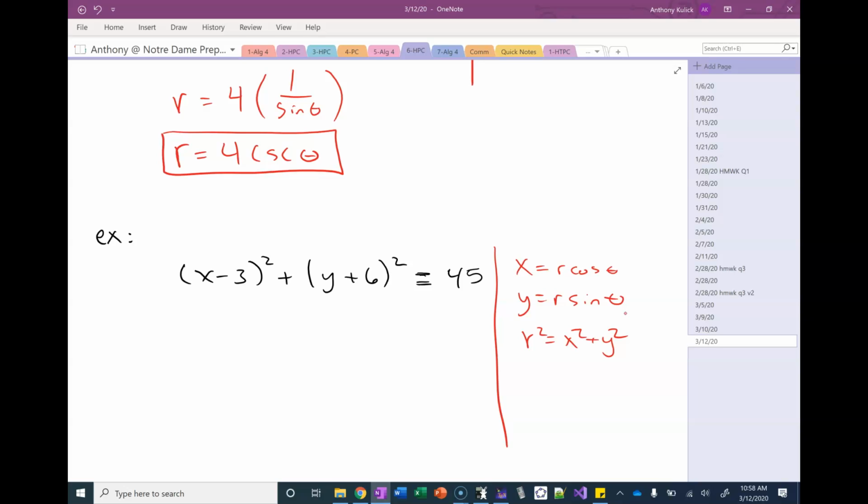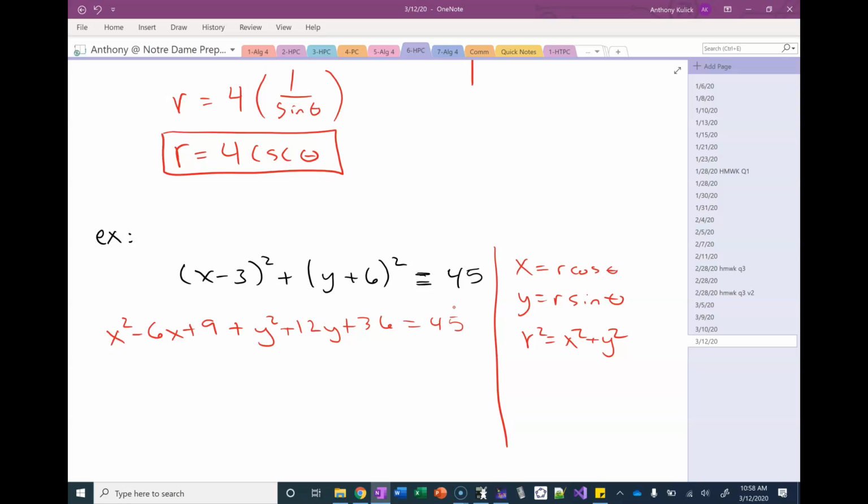Yeah, let's FOIL out x minus 3 squared. So remember that x minus 3 squared is not x squared plus 9. It means x minus 3 times x minus 3. And similarly with y plus 6 squared, that's y plus 6 times y plus 6. Everybody's okay there? Common mistake is students not foiling there and just trying to distribute exponents. Exponents never distribute. It's a good way to embarrass yourself by doing that.